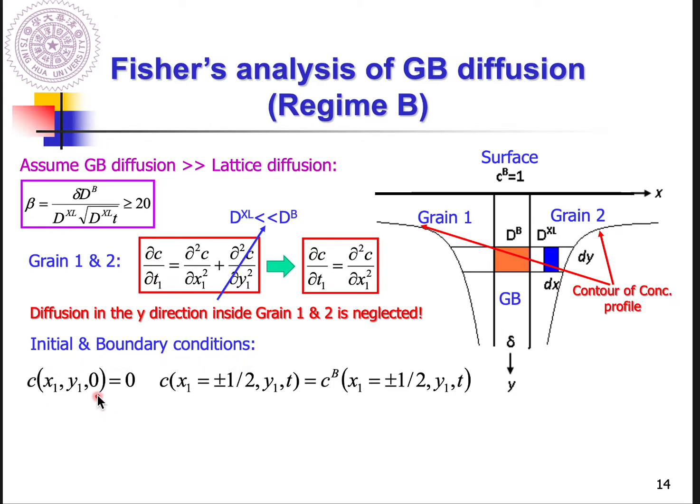For example, before diffusion happens, the concentration at any location x1 and y1, C will be equal to 0. So this is the initial boundary condition. And the other boundary condition will be at this location, x1 equals 1 over 2 or negative 1 over 2, C will be equal to Cb, the concentration inside the grain, right?